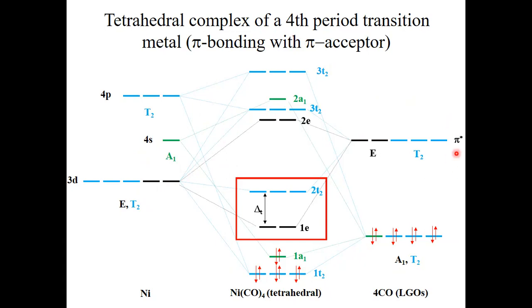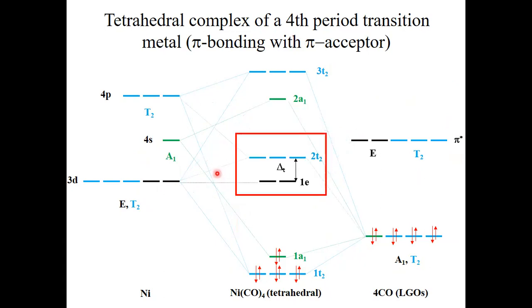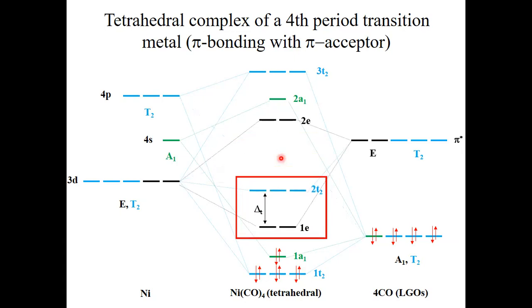Now let us see what actually happened to our delta T. We see that our delta T has actually increased. I can show you this again by going backward. Originally we started out here. We made this orbital bonding, and we made this orbital here bonding too.